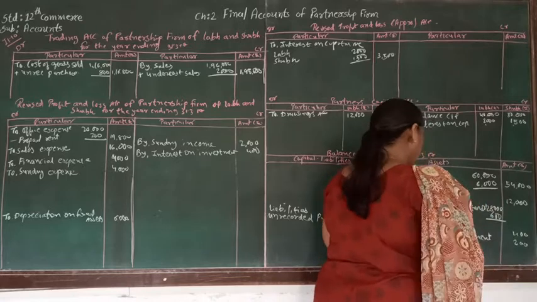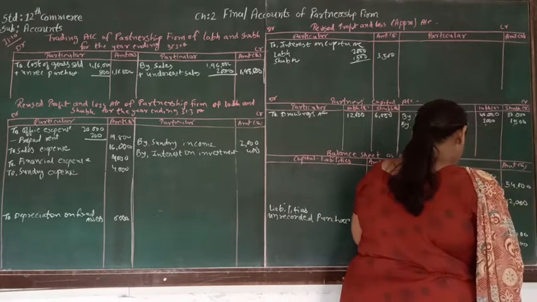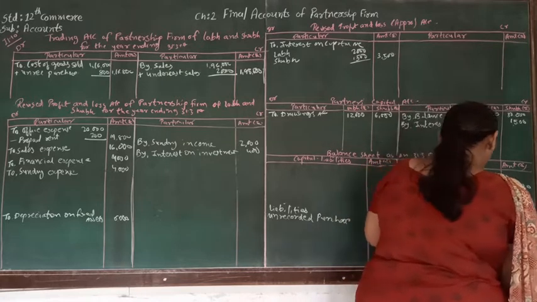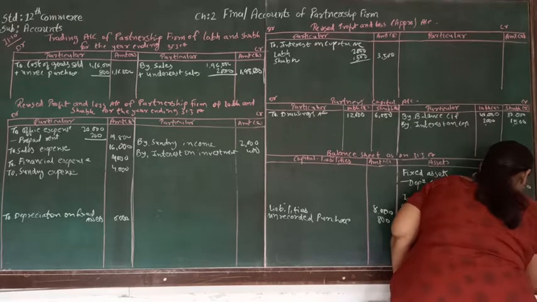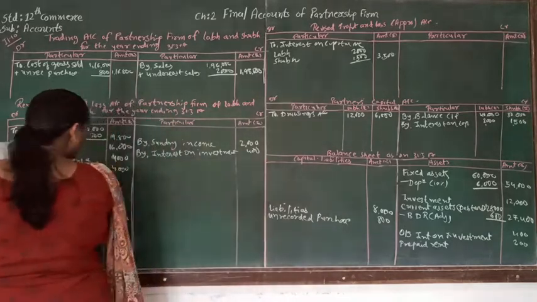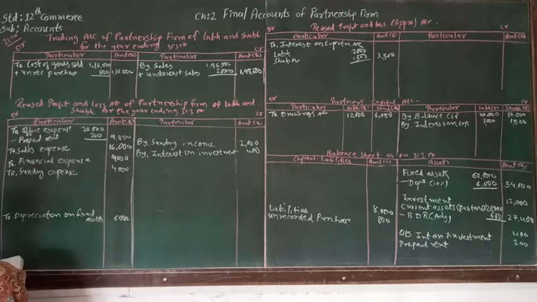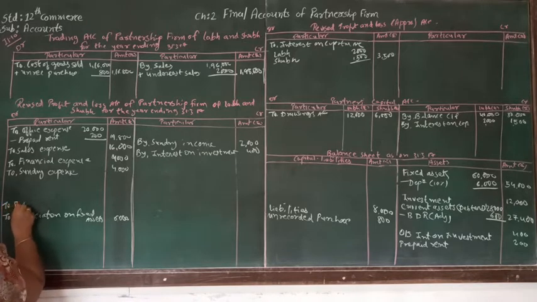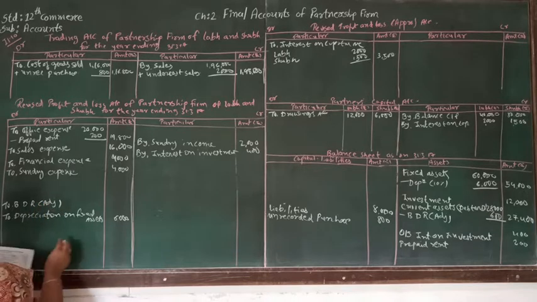So if we deduct that from debtors, the current asset will be 27,400, and 600 again we are going to debit to the profit and loss account. So let's write that in the profit and loss account: adjustment to bad debt reserve, and that is 600.